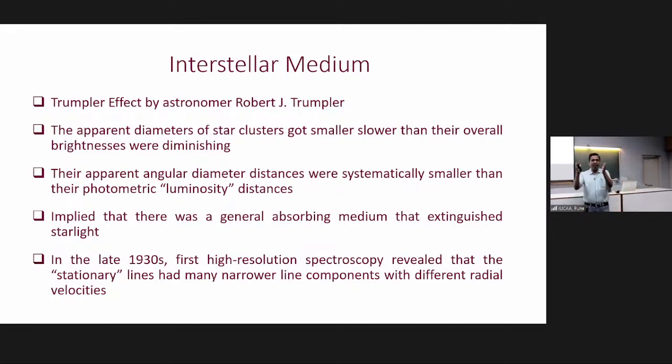One was the angular diameter of the cluster, and the other was the photometric way of determining the distance to the cluster. What he found was the apparent angular diameter distances were smaller than photometric distances. So he measured the angular diameter and found that the distance to cluster A is say 5 kilometers and the distance to cluster B is say 10 kilometers.